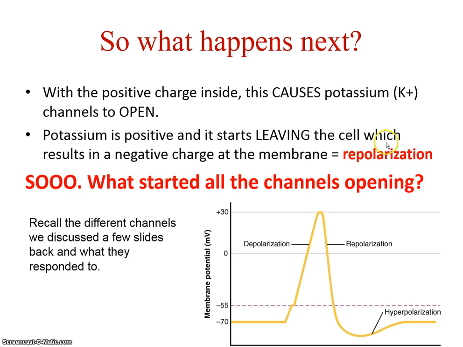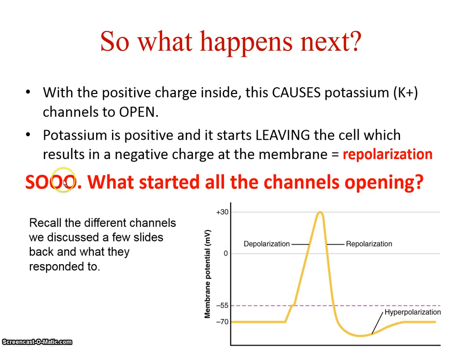So it starts to leave, which means we are now restoring this idea of positive outside and negative inside. Potassium leaving makes the inside of the cell become more negative again, and we call that repolarized. So we're resetting or re-establishing this positive-negative difference.